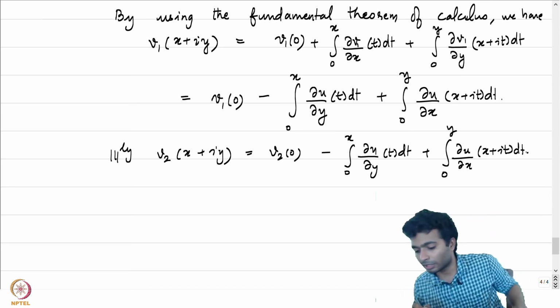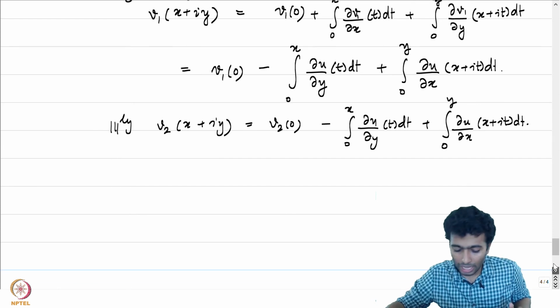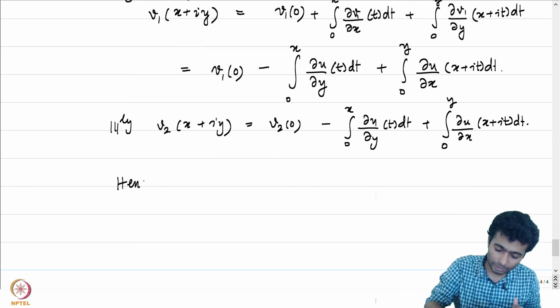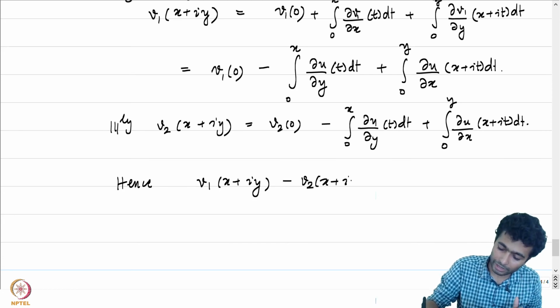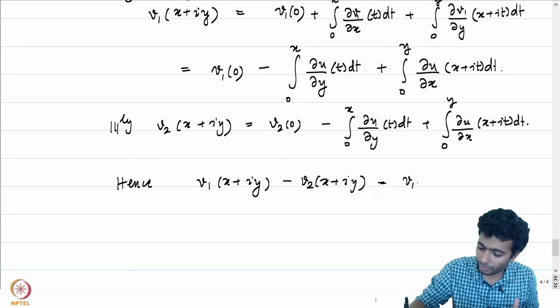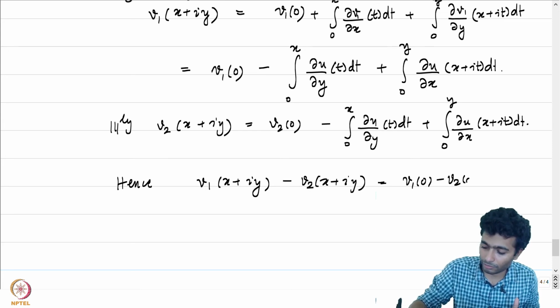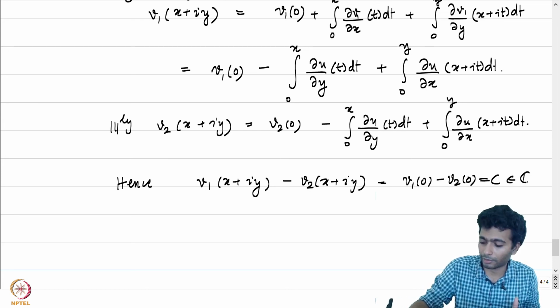The second one is along the y direction. And hence, v1 of x plus iy minus v2 of x plus iy is just going to be equal to v1 of 0 minus v2 of 0, which is some constant belonging to C.